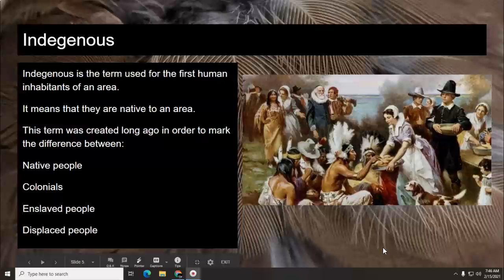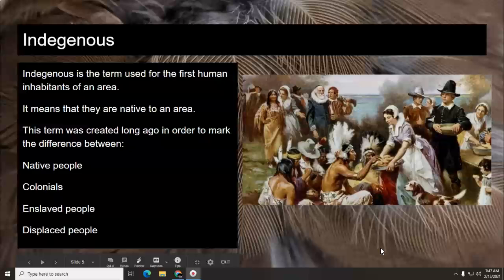Indigenous is a term used for the first human inhabitants of an area. It means that they are people that are native to an area, and this term was created long ago in order to mark the difference between native or indigenous people, colonials, which would be people coming in from other countries to colonize, people that were enslaved, and also displaced people, because sometimes people are forced out of their homelands into other lands, and so they don't fit the other categories.